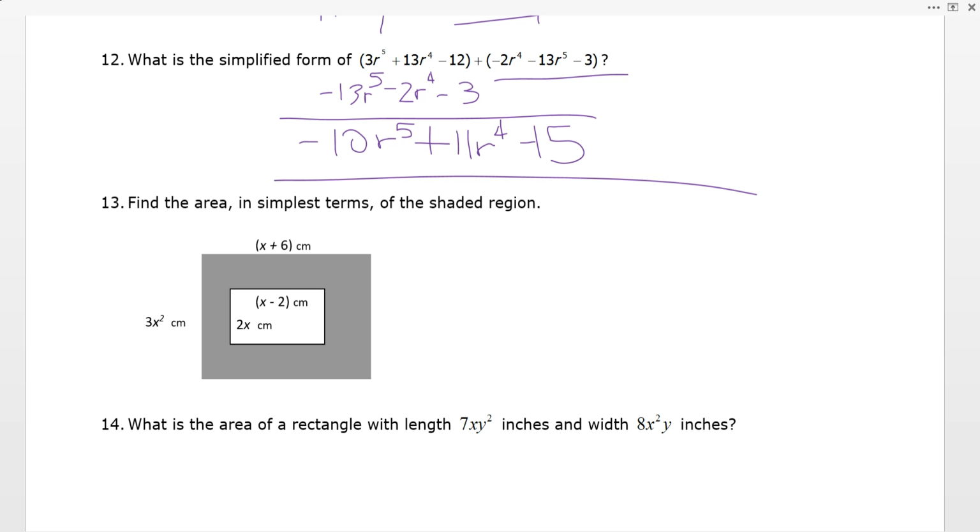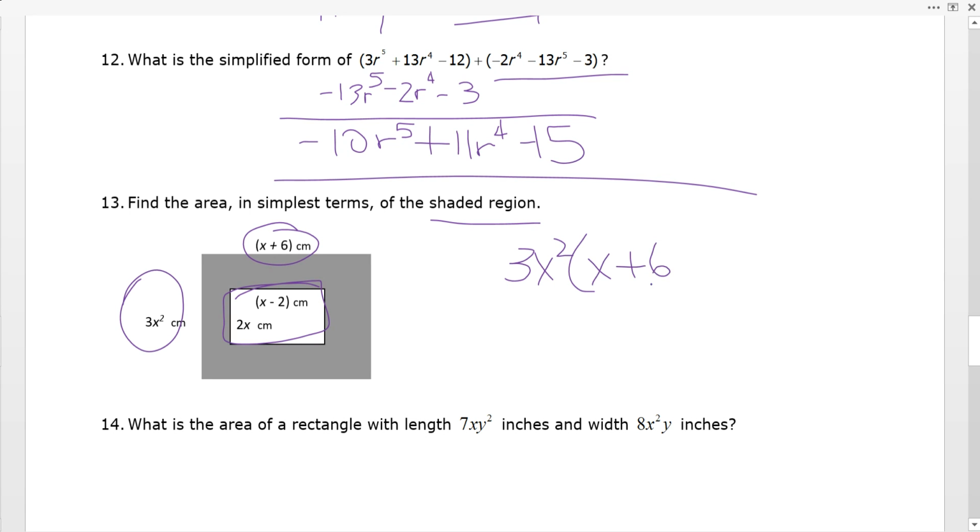So for the shaded area, we're going to take these guys and multiply them, and then subtract these guys. So I have 3x squared times x plus 6, and I'm going to subtract 2x times x minus 2.